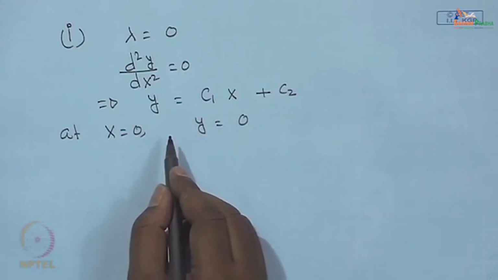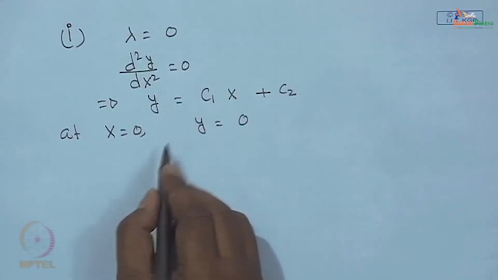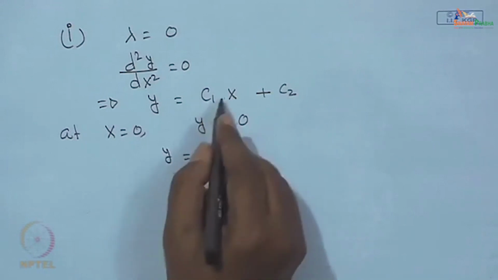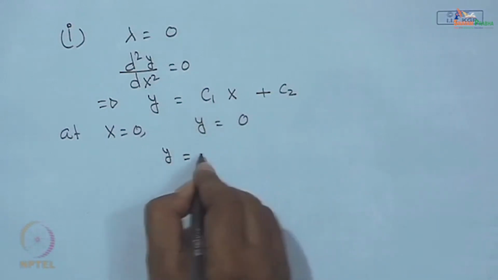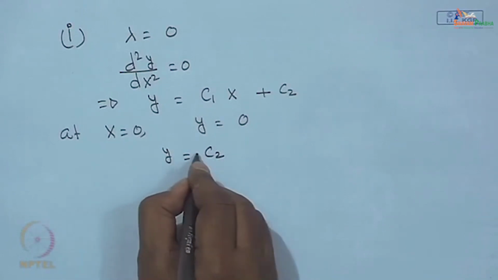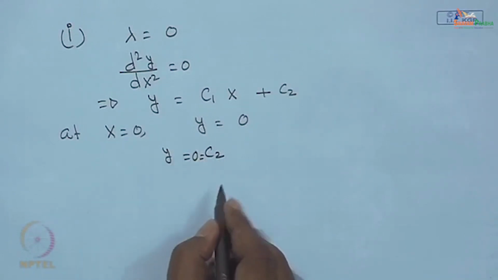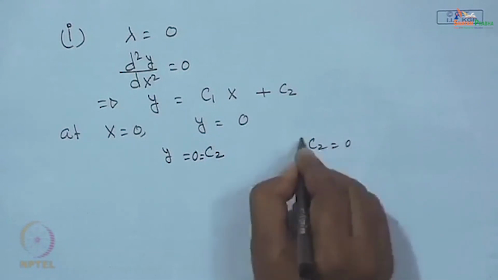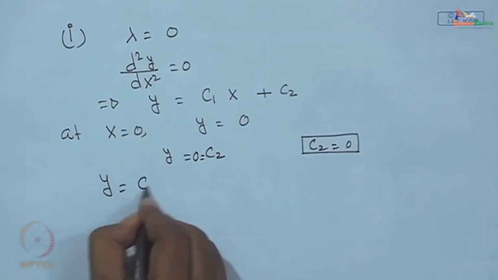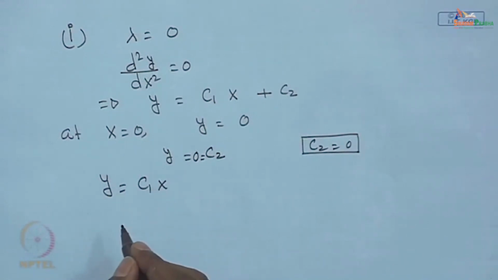If you put that, you will be getting y is equal to C1 into 0, so it will be 0. So, y is equal to 0 is equal to C2. So, C2 will be equal to 0. So, what is the solution? The solution is y is equal to C1 x.